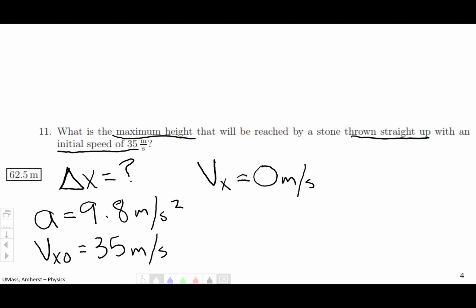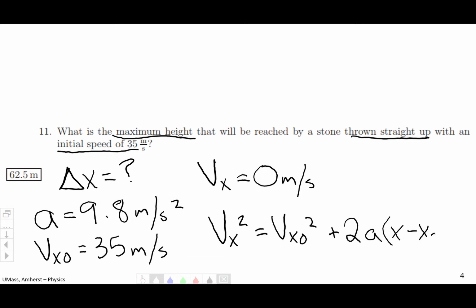Again, this is a problem that does not require time. So we will pick out our Vx squared equals Vx0 squared plus 2a delta x, or well, x minus x0. And now we can plug and chug.